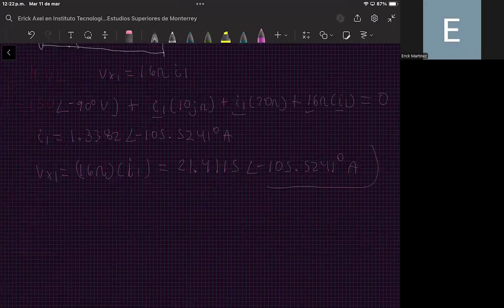And we can also represent Vx1 in the time domain as 21.4115 times the cosine of, remember that the frequency was 2, 2 times t minus 105.5241 degrees, and these are volts.